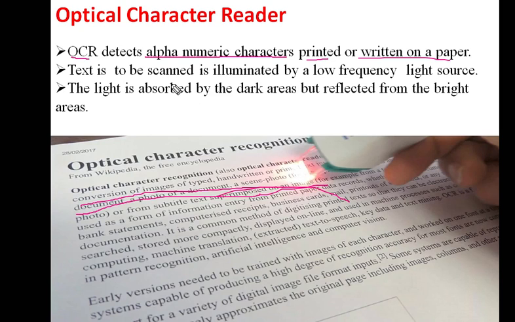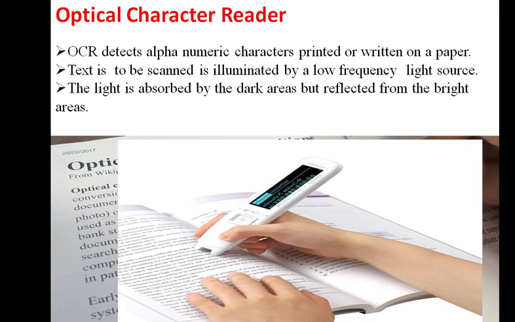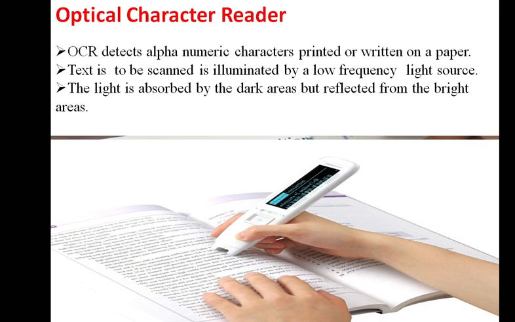The text to be scanned is illuminated by a low frequency light source. Here the light is blinking. The light is absorbed by the dark areas but reflected from the bright areas. So this is the task of the optical character reader. You can scan or store it as a soft copy.